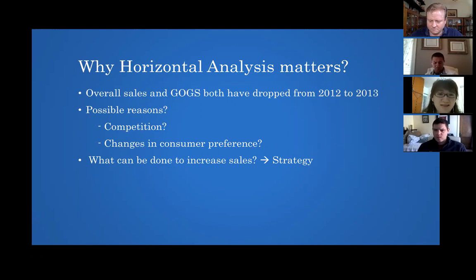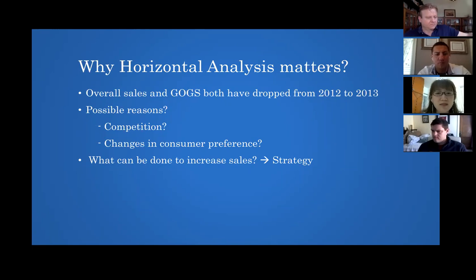basically the unhealthy stuff. And the next question is, what can be done to increase sales? If this is due to increased competition from competitors, is there something we can do in terms of marketing strategies? If it's to do with consumer preference, can Coca-Cola increase its presence and try to come up with products that are slightly more healthy compared to the standard Coca-Cola products, and branch out to other kinds of drinks?